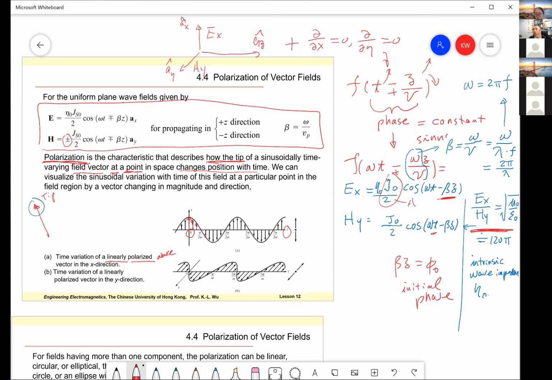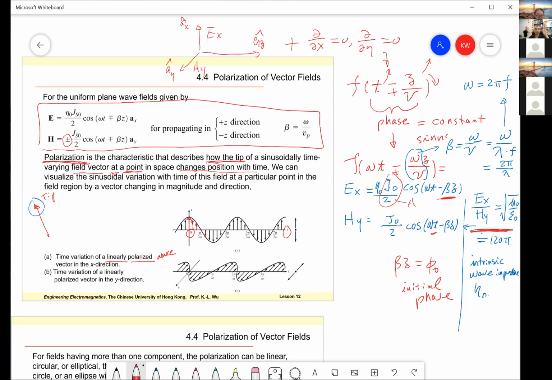So if we have an antenna that launches an electromagnetic wave that is linearly polarized, then I can only receive this wave if I put my receiving antenna in the same direction or orientation as this polarization. Otherwise, if I put the receiving antenna perpendicular to the wave, I couldn't get any signal.